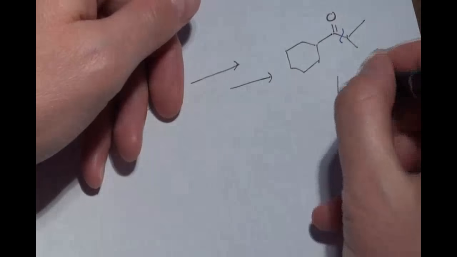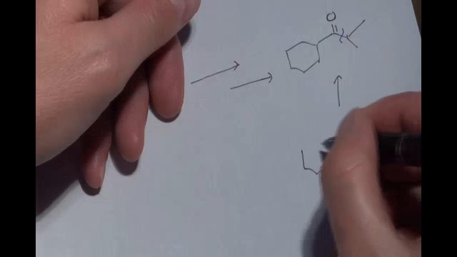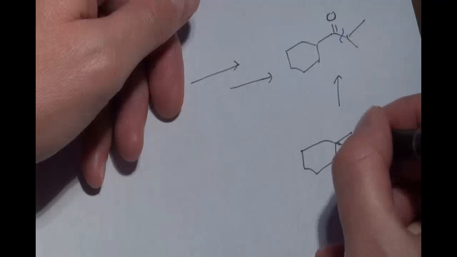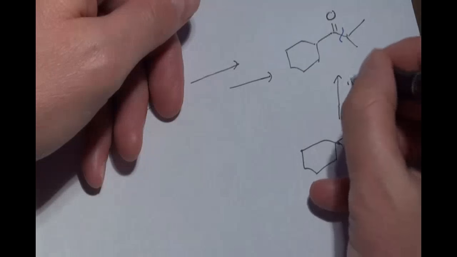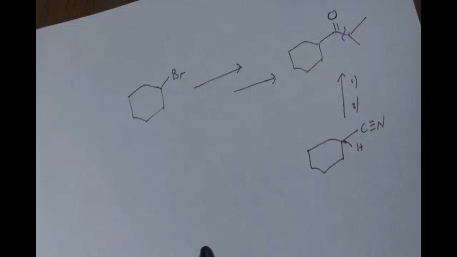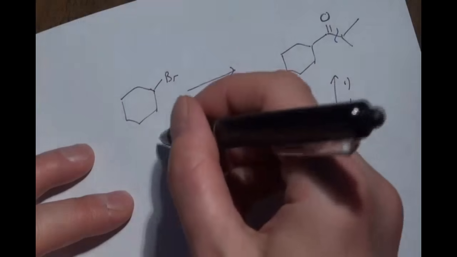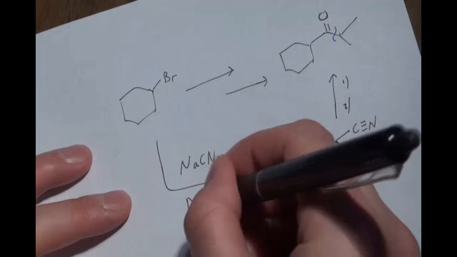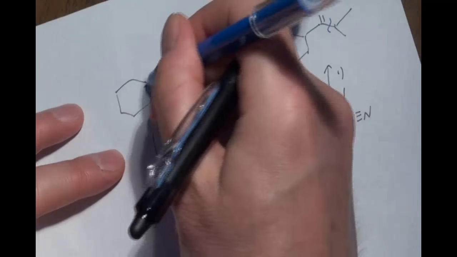Now we just imagine the bromide, and then NaCN, DMF or something like that, which will attack this.